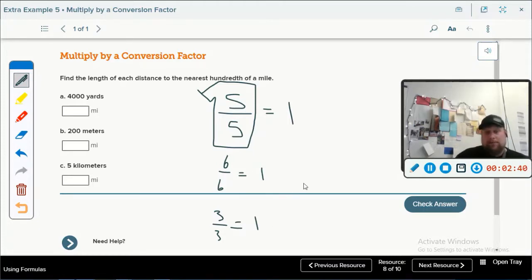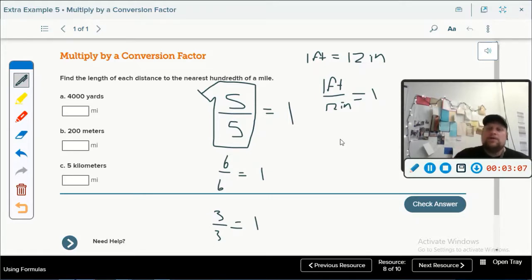For example, it is true that 1 foot equals 12 inches. That is true. They are the same number. So if I were to say 1 foot divided by 12 inches, guess what? That equals 1. Because 1 foot is 12 inches, and a number divided by itself is equal to 1.